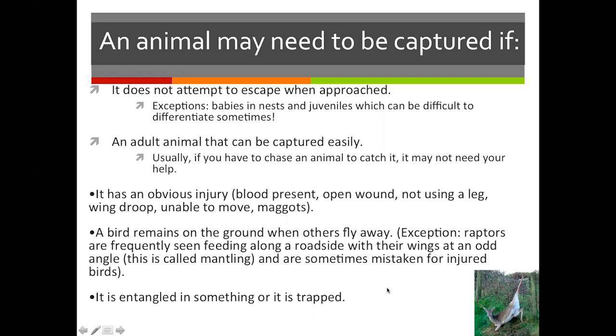Of course, an animal that is trapped or hung or stuck in trash needs help. That does need an intervention. Common behavior is seen when raptors are along the roadside and spread their wings out, which is then mistaken for injured birds.